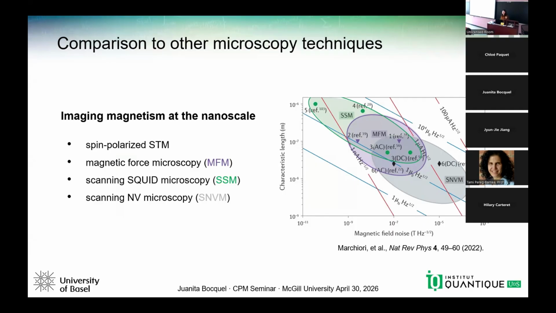Scanning NV magnetometry lies somewhere in the middle: the spatial resolution is better than the SQUID version, but the sensitivity is less. MFM does better in some other ways, but it has magnetic tips, so you can actually influence your sample. Which technique you want to use depends on the study you want to carry out.